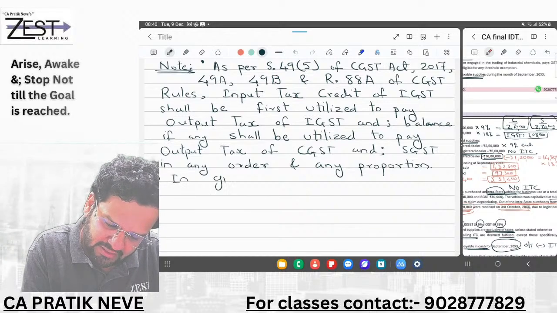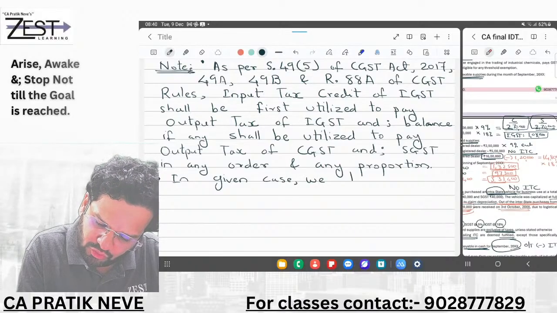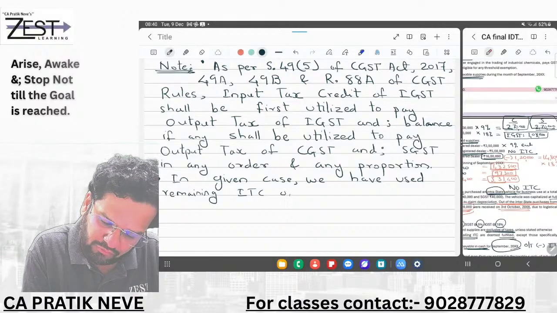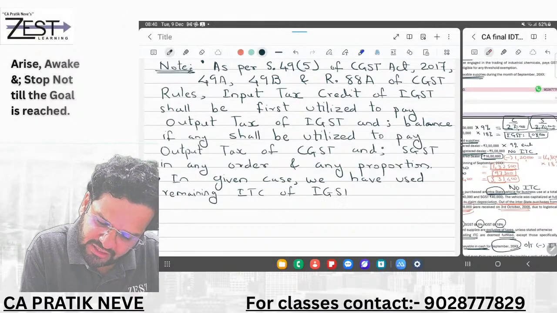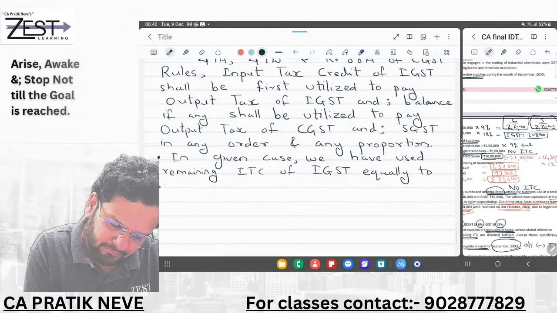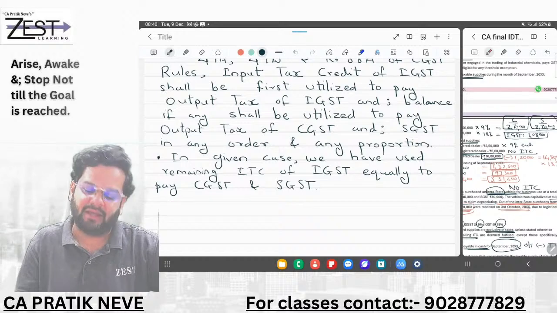in the given case we have used the remaining ITC of IGST equally to pay CGST and SGST. Agreed?